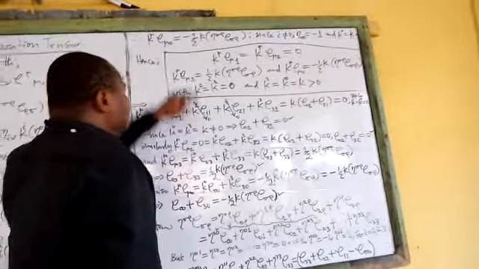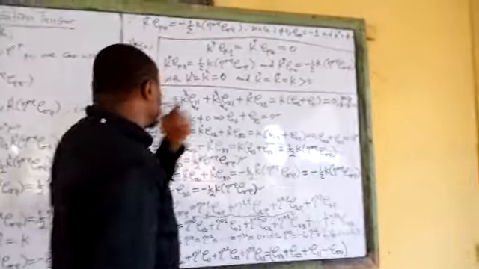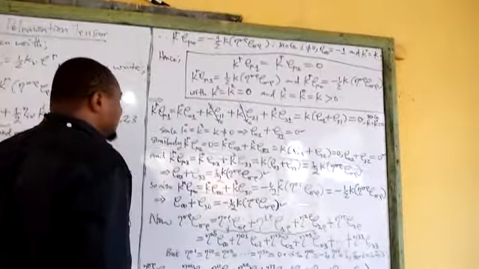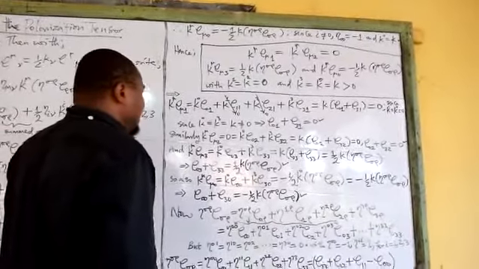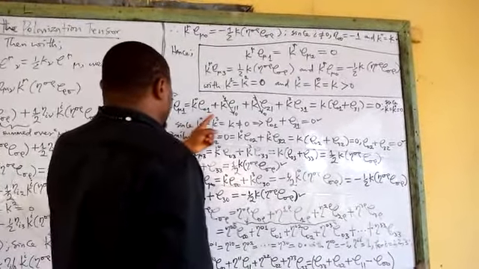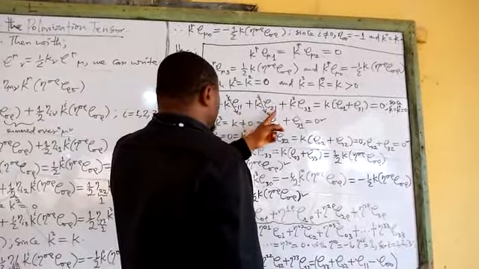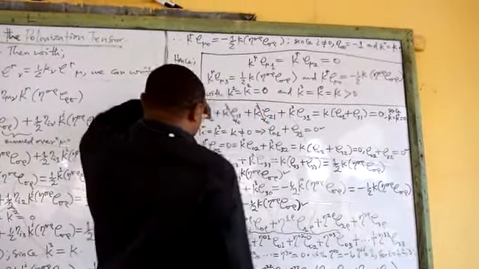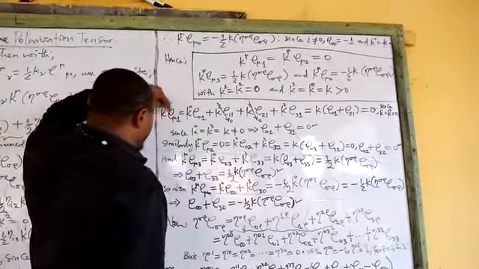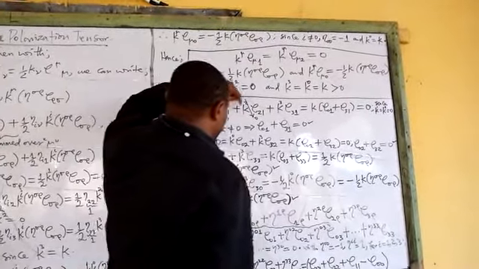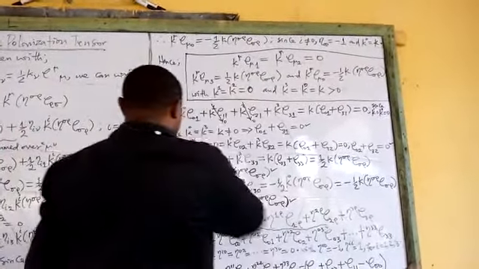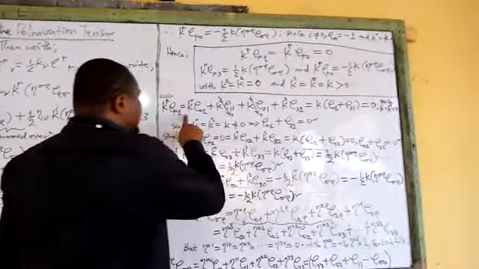Now, looking at the first relationship that we obtained, that this is equal to 0, we can now work on the left-hand side by summing over mu again, and that will give us 0, 0, E1 plus 1, 1, E1, 1 plus 2, 2. So I'm just summing over the mu wherever we have mu. So I'm going to have 0, 0, 1, 1, 2, 2, 3, 3. And of course, the one that was here remains all along and is not changing. But then again, we said that K1 and K2 are all equal to 0.